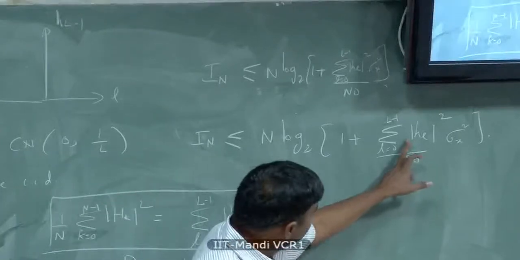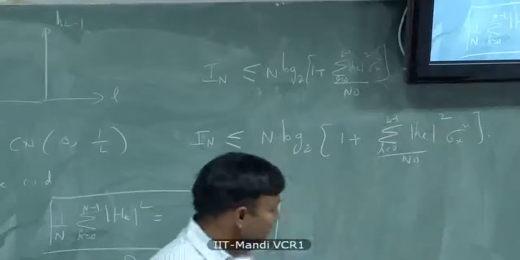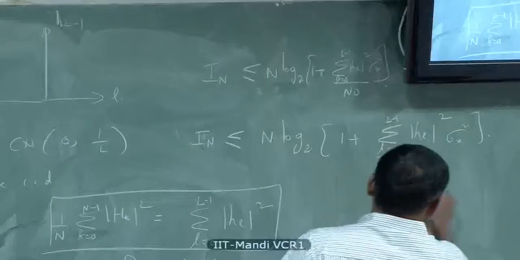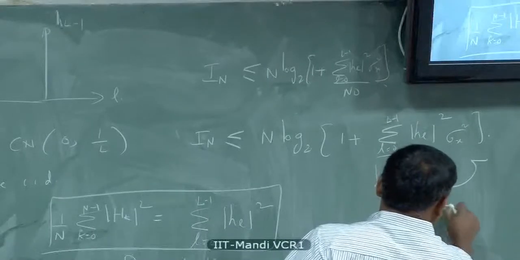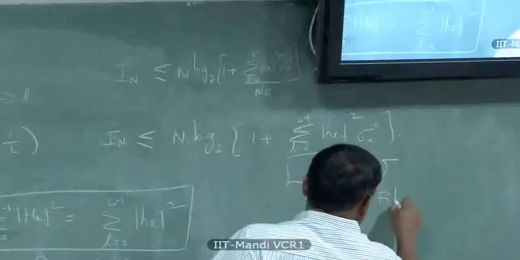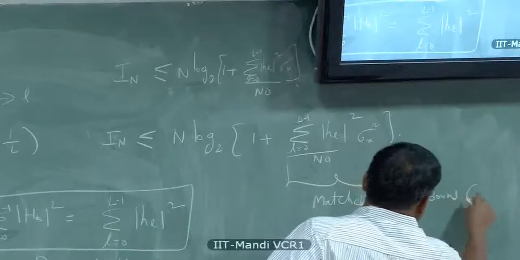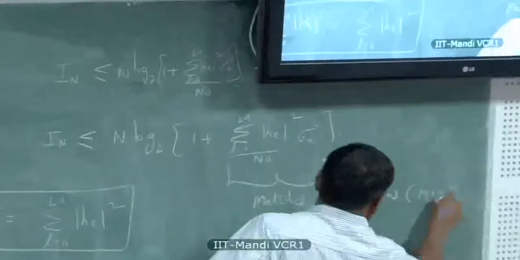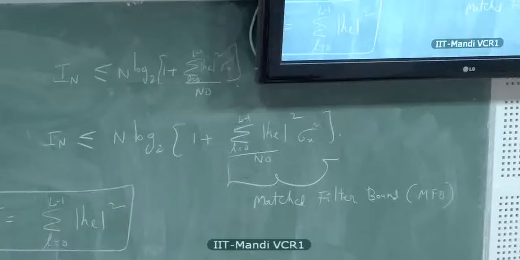And this term can be treated as what I would call the matched filter bound, which is known as MFB. It is called the matched filter bound for an ISI channel.